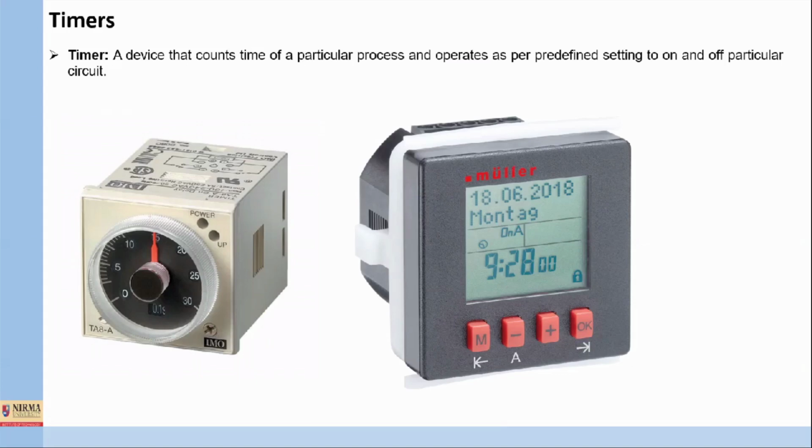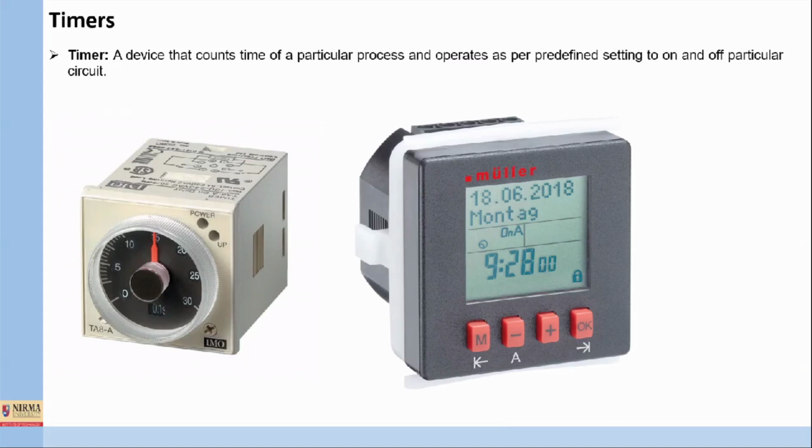So likewise, the most important part of this power panel is the timer, because in industry so many processes are regulated by time. For that we require a timer which will be centrally located at the panel itself. In that way we can take the help of this timer for automatically operating some devices.